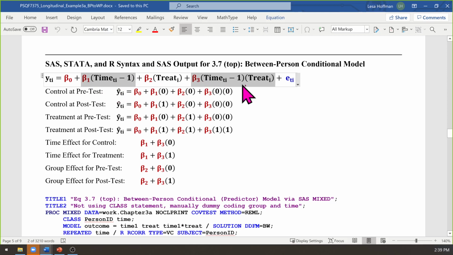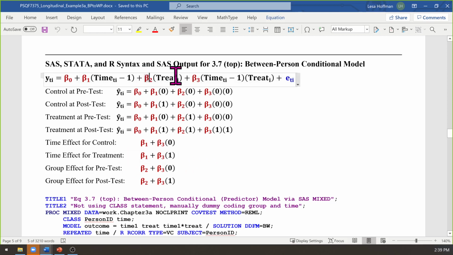Beta 3 is going to tell me how the effect of time differs in the treatment group. To get to what it is in the treatment group, I have to add them together. So beta 1 plus beta 3 gives me the effect of time in the treatment group.